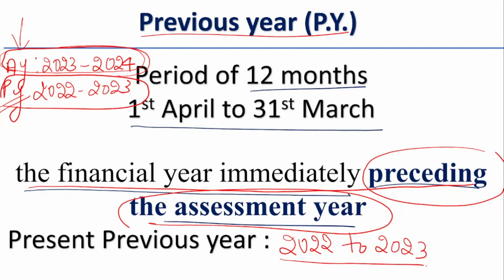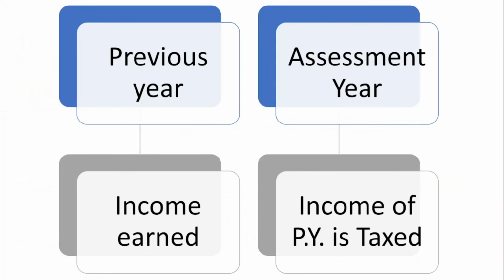So it will be 2022 to 2023. So what is the basic difference between previous year and assessment year? Means in the previous year you have earned the income. So whatever the income you have earned in the previous year, you will pay the tax in the assessment year. So in the assessment year, the income of the previous year is taxed. This is the basic difference between previous year as well as assessment year.